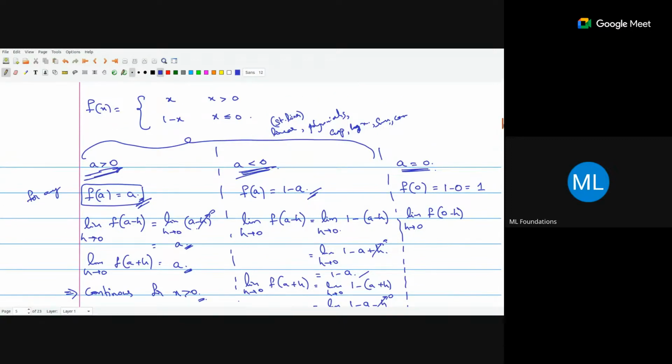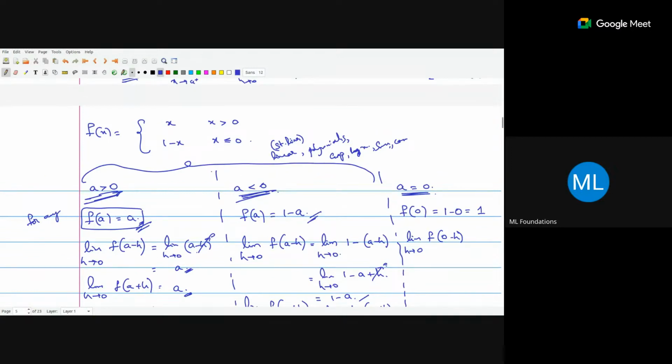So when it is negative, my function behaves like 1 minus x. So what happens for this? h tends to 0, this is f of minus h. So when I substitute, this will be 1 minus of 0 minus h.